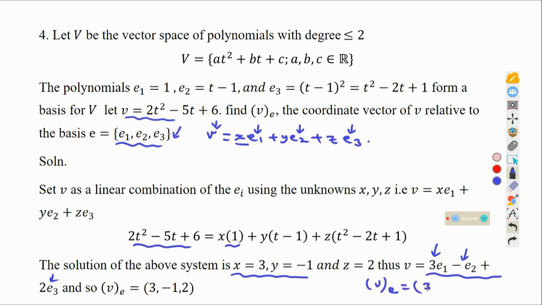So your scalars are 3, -1, and 2. So this will be what we call the coordinate vector of V relative to the basis. And in case they give you the coordinate vector like this one here, and they ask you to get V, which is 2, -5, and 6, then you should as well be in position to obtain that.